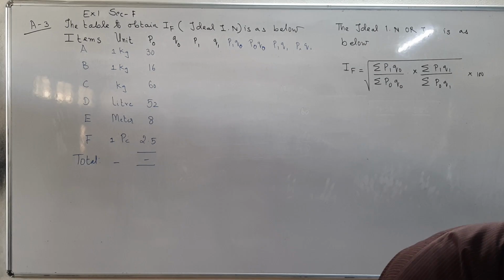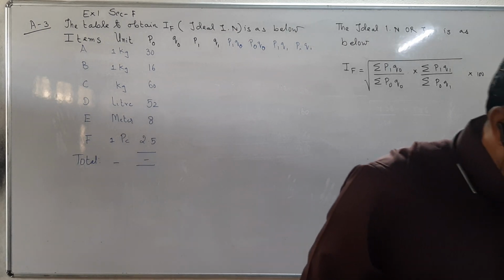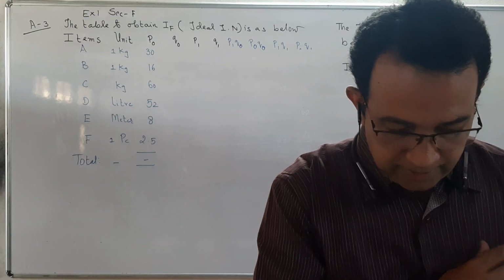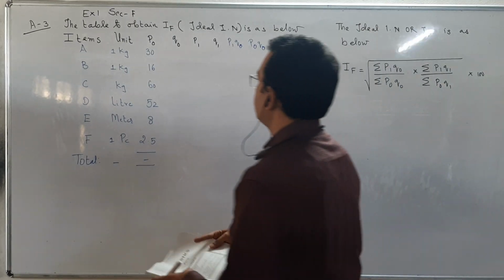Okay students, now pay attention. Now students, I am writing current year's price 880 divided by 20.